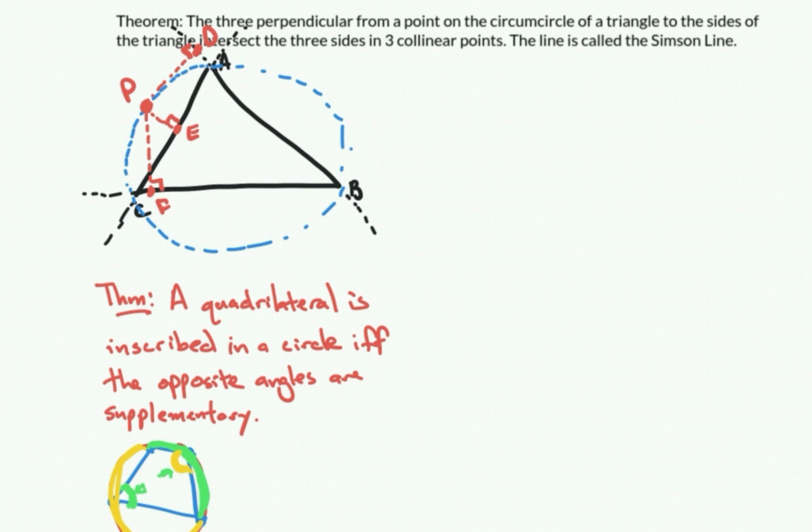Okay? Now, that's helpful here because if I look at points P, D, A, and E, well, notice that if I look at that quadrilateral, we have a right angle at E, and we also have a right angle at D. So those opposite angles are supplementary, and therefore the other two must also be supplementary.